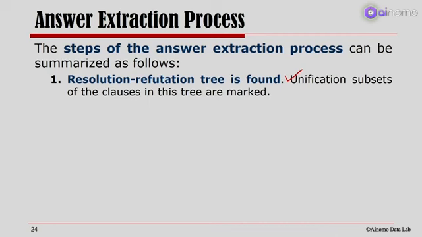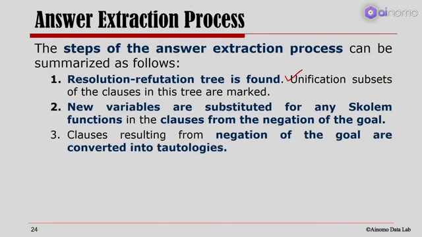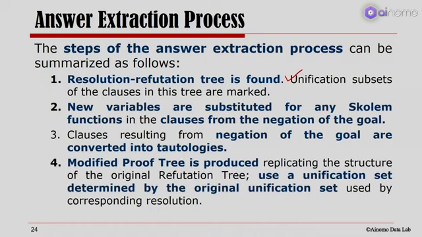That is, I use the same unification subsets of the clauses. Next, if I have Skolem functions, new variables are substituted in the clauses from the negation of the goal, and clauses resulting from negation of the goal are converted into tautologies.